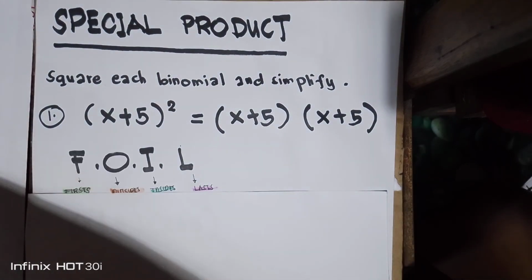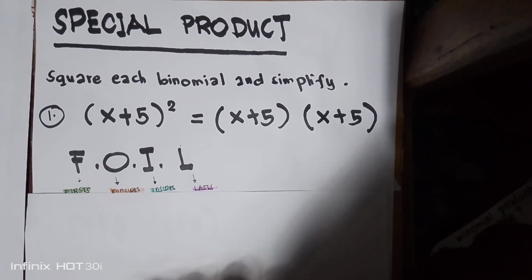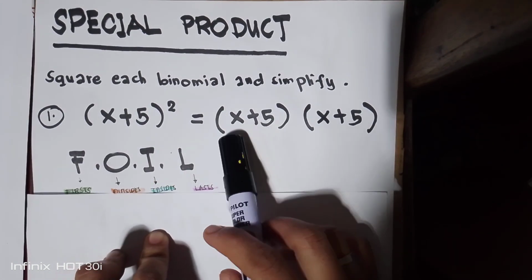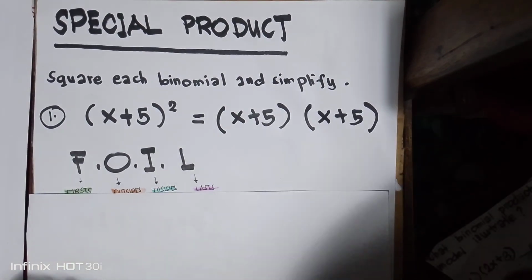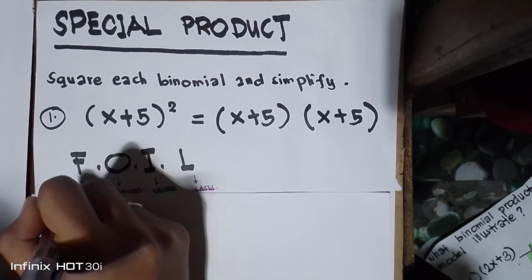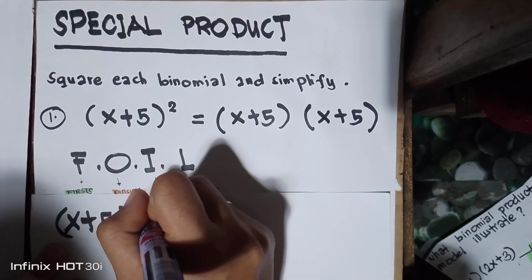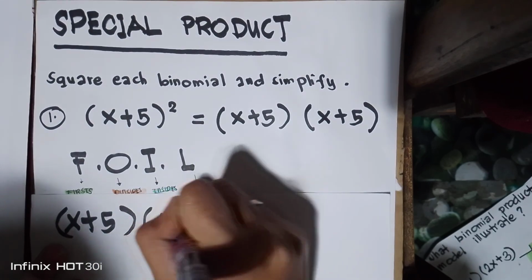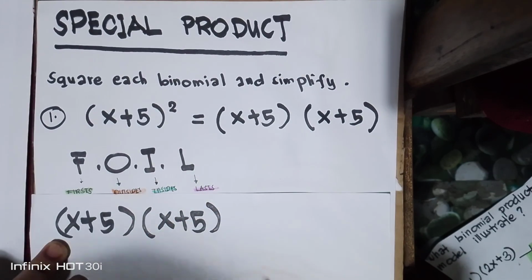So we will use this example. We will use the expanded form, x plus 5 multiplied by x plus 5.